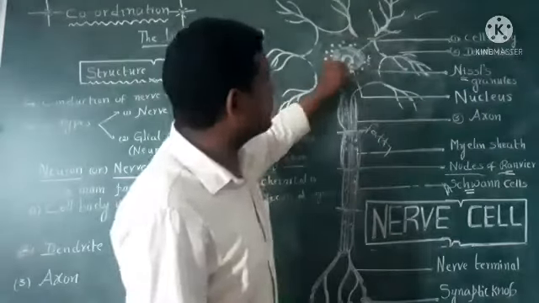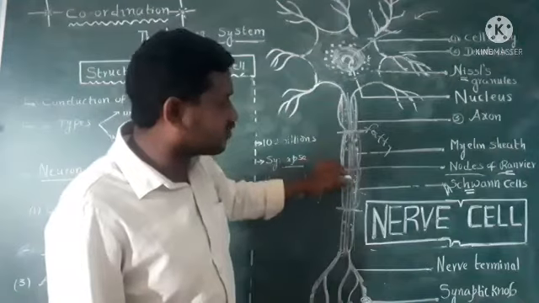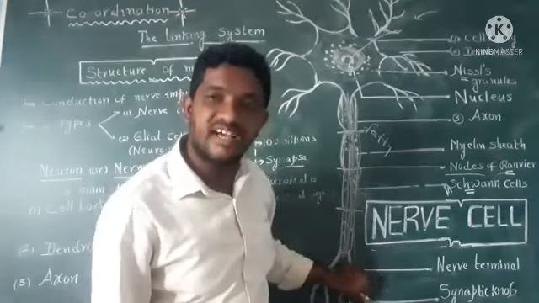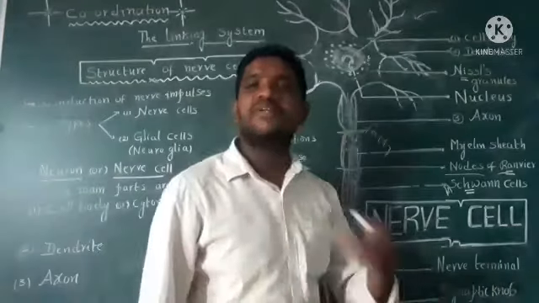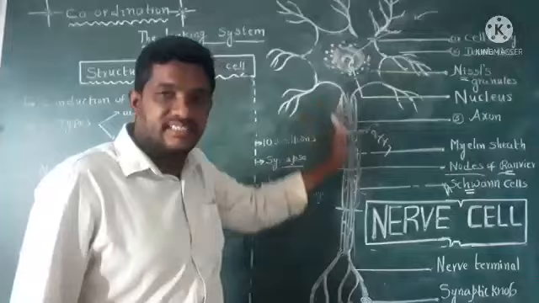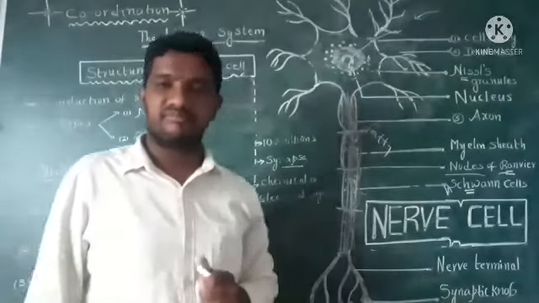Later it reaches the cell body. The information passes through the cylindrical structure called the axon, and finally reaches the nerve terminals and synaptic knob. This is the way information passes from one neuron to another neuron.